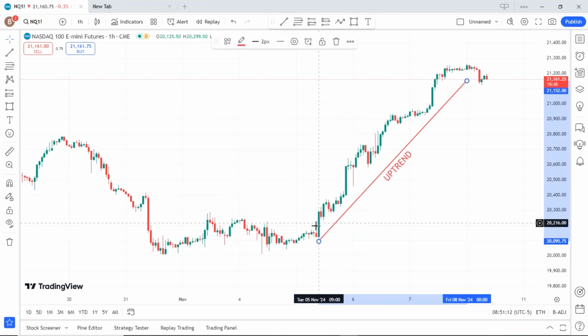So we see price gravitates, expands out of this particular range, and then price keeps forming higher lows and higher highs.